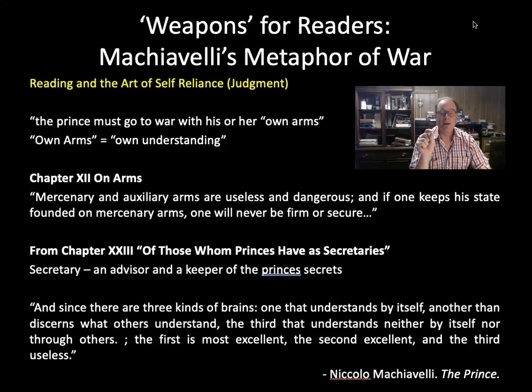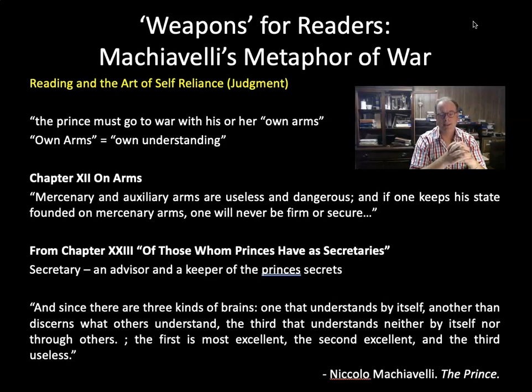But Machiavelli seems to use this metaphor of war in relationship to judgment and understanding, right? And he has a famous idea coming from his book called The Prince, which was a book that told princes how they were supposed to be good, successful princes in a nutshell, right?